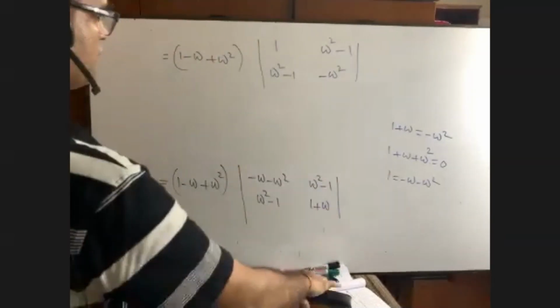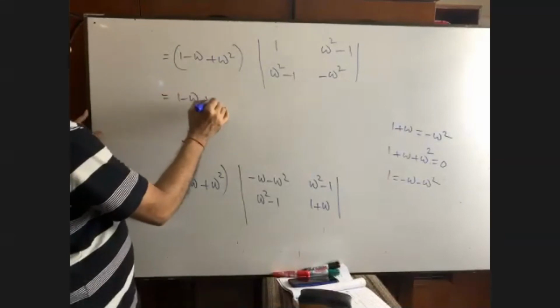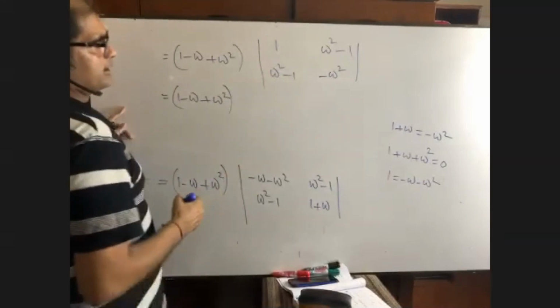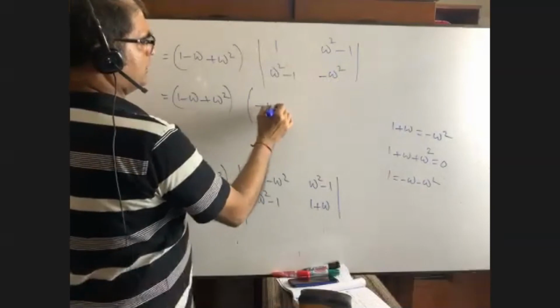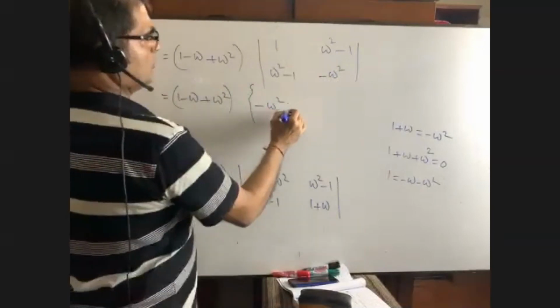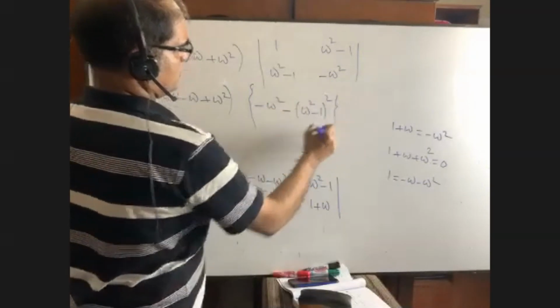Now you do it by yourself. That is 1 minus omega plus omega square. You multiply. What will be? Minus omega square. And here it is what? Minus omega square minus 1 whole square.